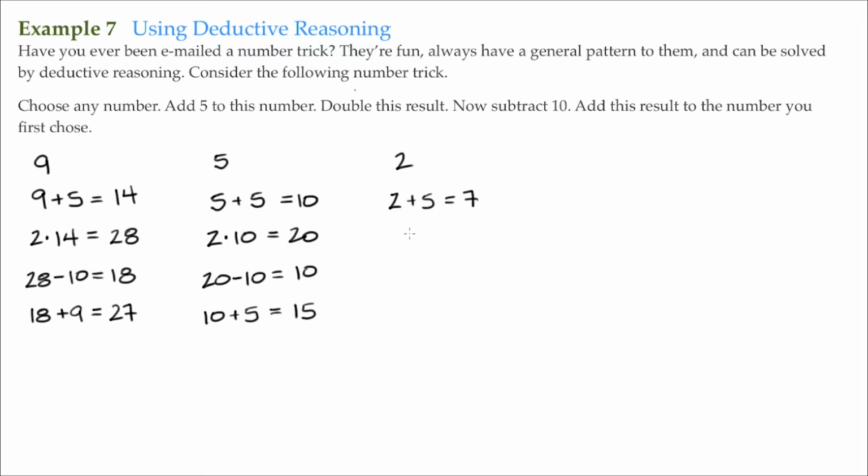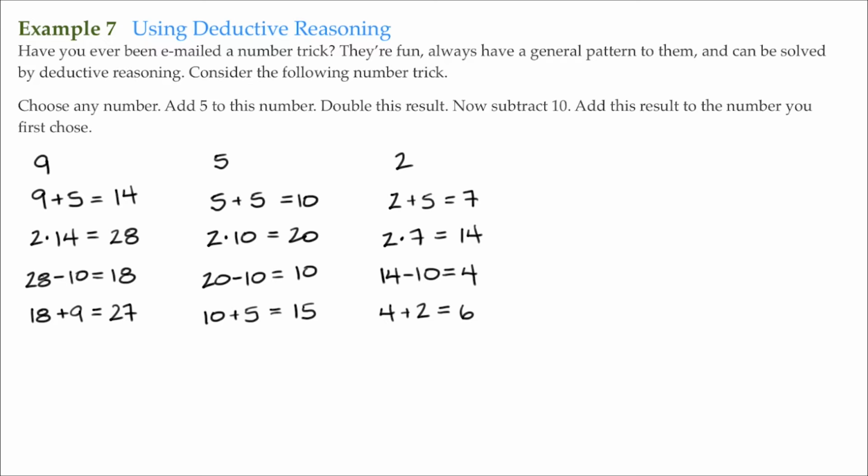Double this result. 2 times 7, that's 14. Now subtract 10. 14 minus 10, that is 4. Then add this result to the number you first chose. 4 plus 2, that equals 6.